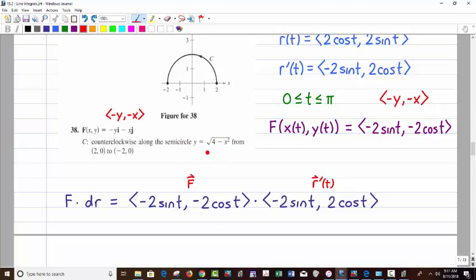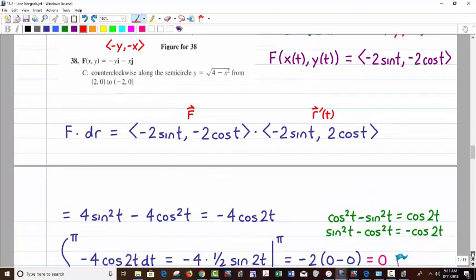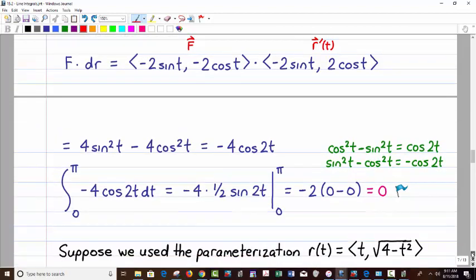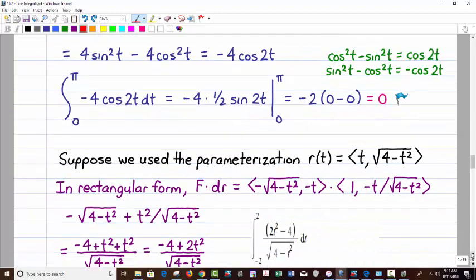Since we're only looking at the positive square root, that's why this works. With more than half that circle, this wouldn't have worked. So I let x equals t, and that means y equals the square root of 4 minus x squared. And my integral goes from negative 2 to 2, because now we're looking at x values instead of trig values.